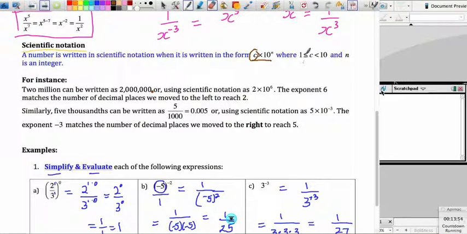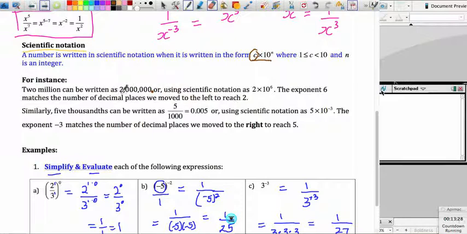This number must be between 1 and 10, including the number 1 but not including the number 10. What we're basically going to do is write it as a number between 1 and 10 multiplied by a power of 10. The reason we use a power of 10 is, of course, because we're using the metric system, and each of our decimal places is a multiple or power of 10.